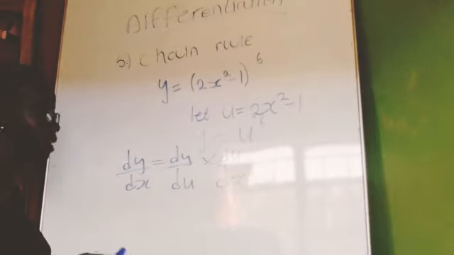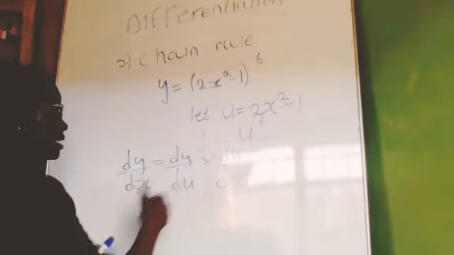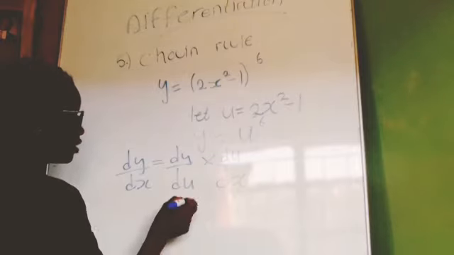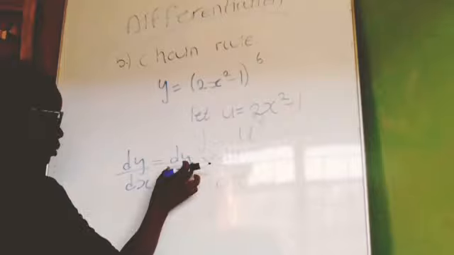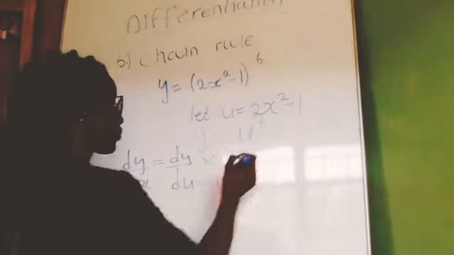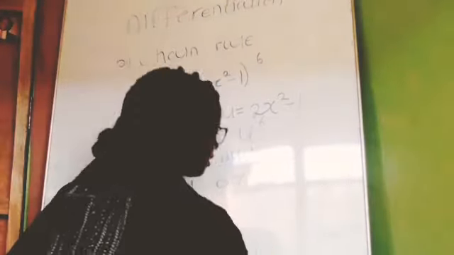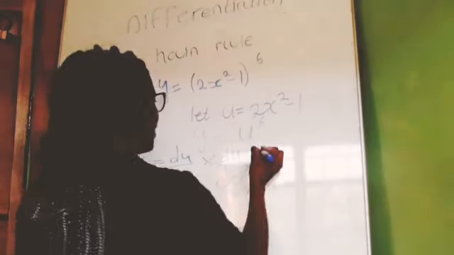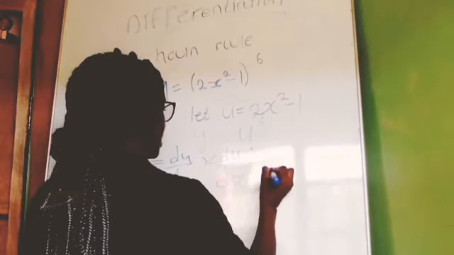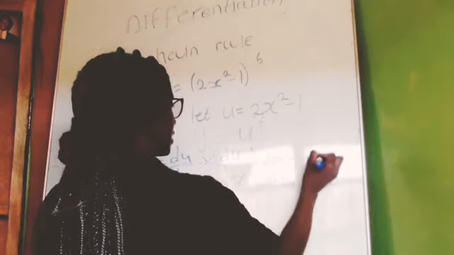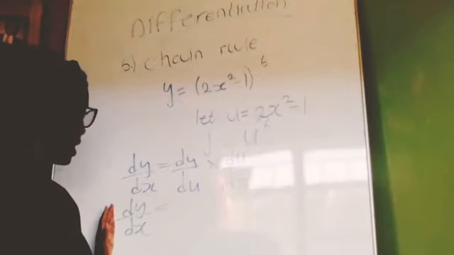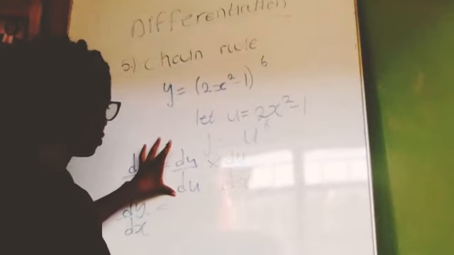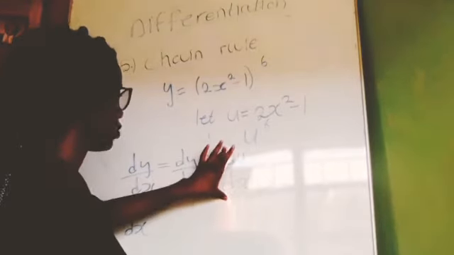And from our basic mathematics, if we're to divide this, we can just simply cancel out the du there and the du there, and we just remain with dy/dx. Okay, let me just show what I'm saying, because I'm also confusing myself anyway. So dy/du times du/dx. To get dy/dx, we're going to get first dy/du times du/dx.